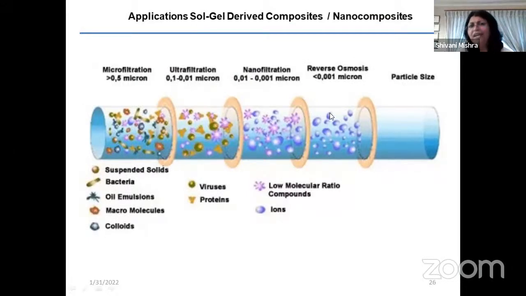We have different types of membrane, and why we call a membrane a micro or an ultra or a nano, it's because of the size of the product. In all these different sizes, we are able to incorporate sol-gel derived products, to have an ultimate product, what we are looking for.